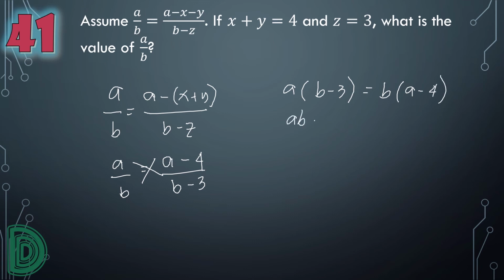Distributive property, we have ab minus 3a equals ab minus 4b. Subtract ab from both sides of the equation, then we will have negative 3a equals negative 4b. Let us divide both sides of the equation by b.